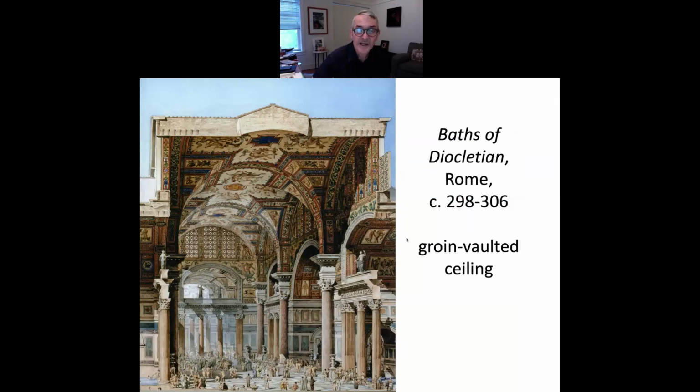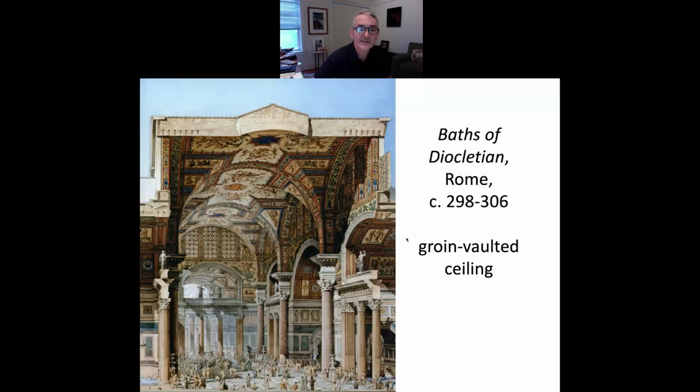This is an artist's rendition of a section. You can see that for the illustration, the side of the building is cut away so you can see the interior of it. The Baths of Diocletian in Rome from around 298 to 306 of the Common Era, or AD, as we used to say.